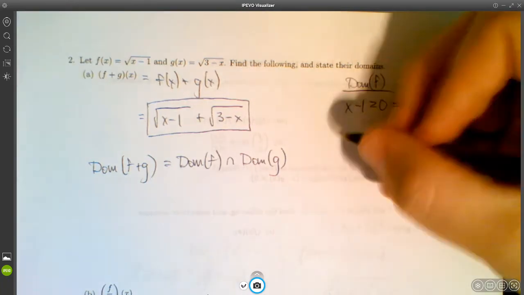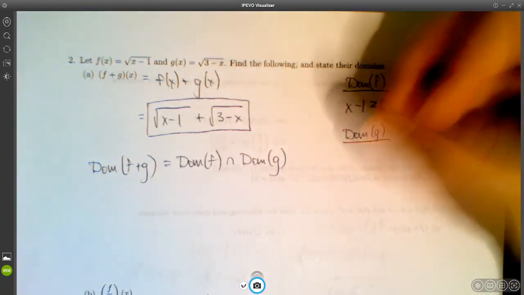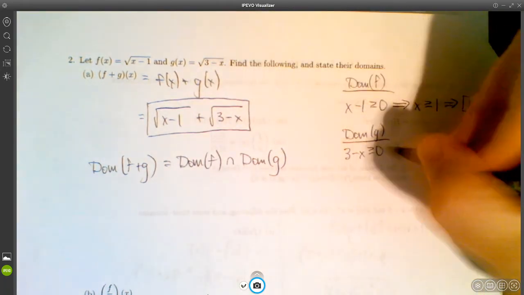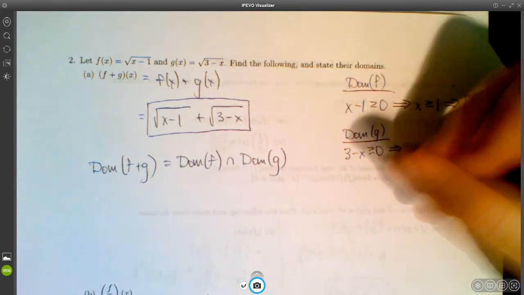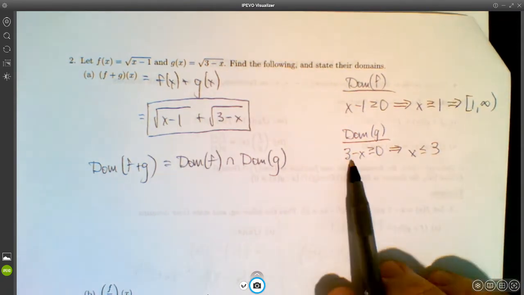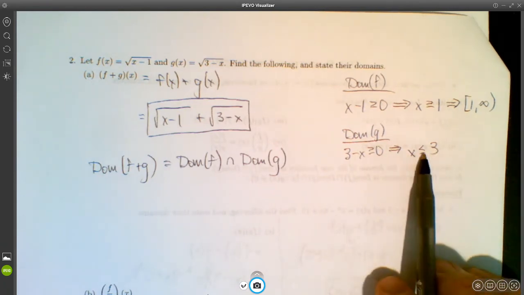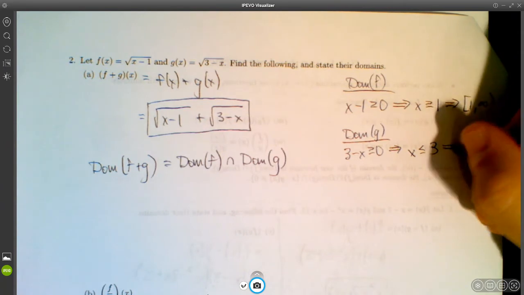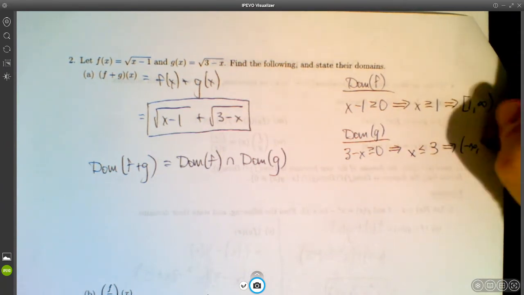The domain of g, for domain of g, we need 3 minus x to be greater than or equal to 0. That means we need x to be less than or equal to 3, right? If I move the x over here, I get 3 greater than or equal to x, which is the same thing as saying x less than or equal to 3. So the domain of g is going to be negative infinity to 3.